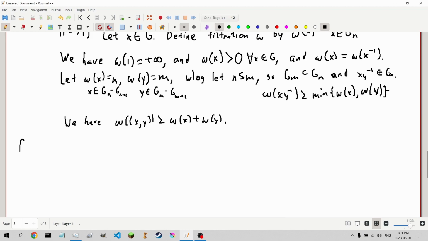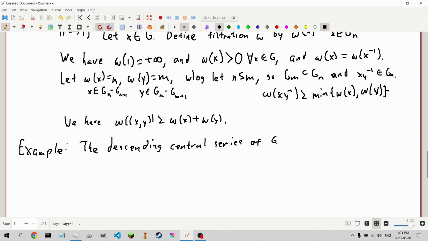As I mentioned before, there is a very obvious example of this, which is the descending central series, which I hope you have seen before.